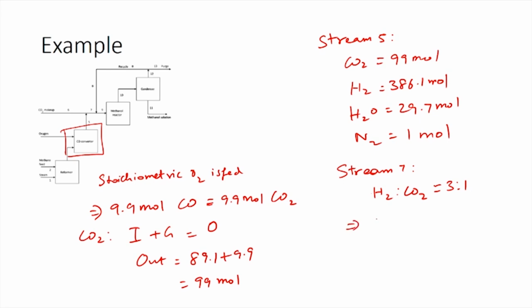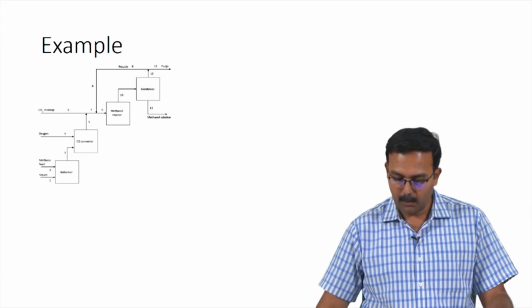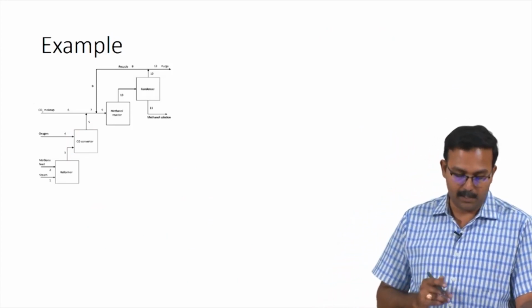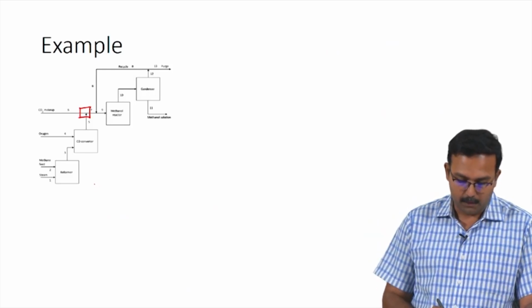This implies stream 7 contains hydrogen as 386.1 moles. Knowing this, we can calculate total CO2 in stream 7 as 386.1 divided by 3, which is 128.7 moles. Now that we know 128.7 moles of CO2 is present, we can write a balance for the mixing point for CO2.